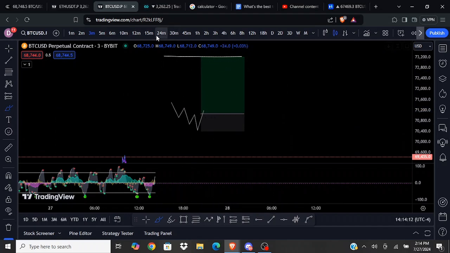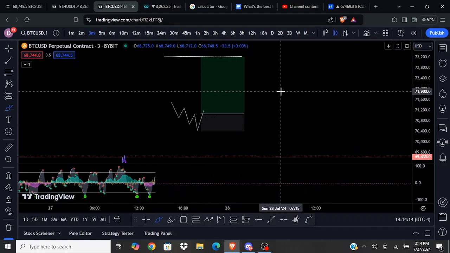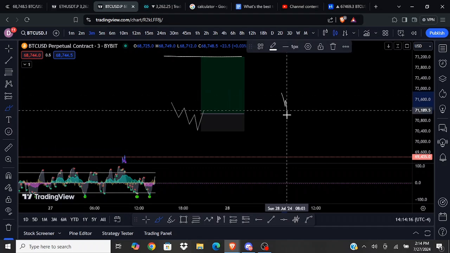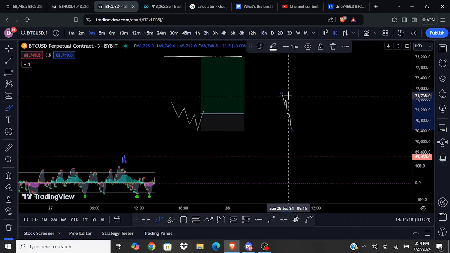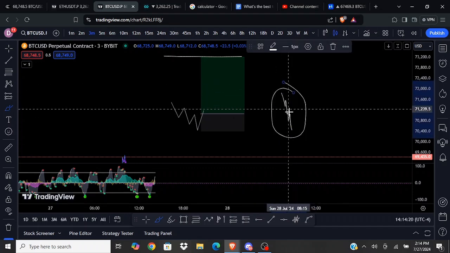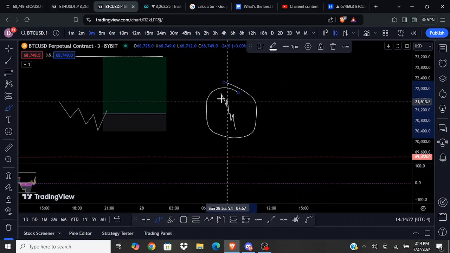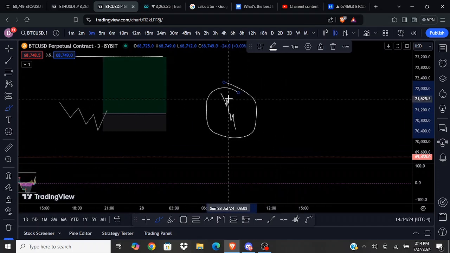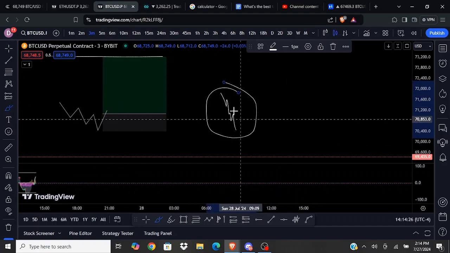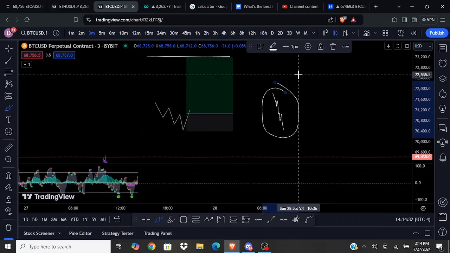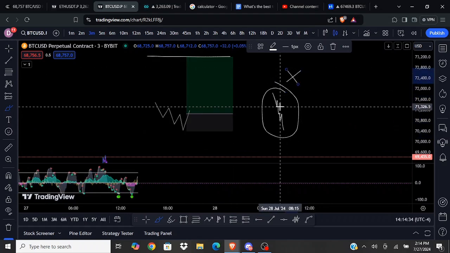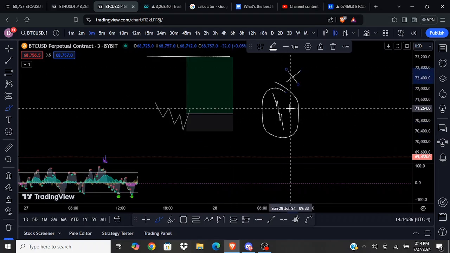Whereas if you go to such a high time frame where that trend starts to be very crunched up and start to look like this, that is not a very clear trend. So the more crunched up it is, the less likely that it's going to be a significant trend on that time frame. So I would not view this as the correct time frame to view this structure on.